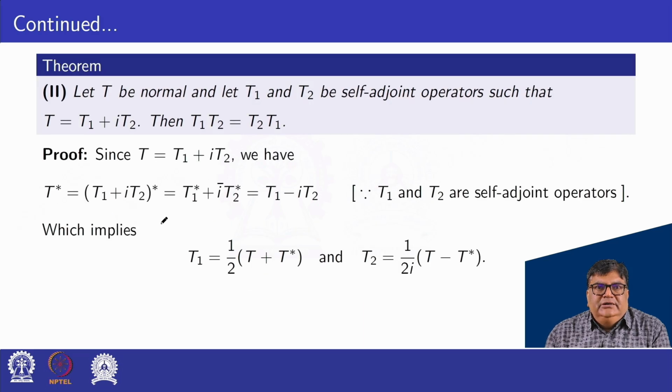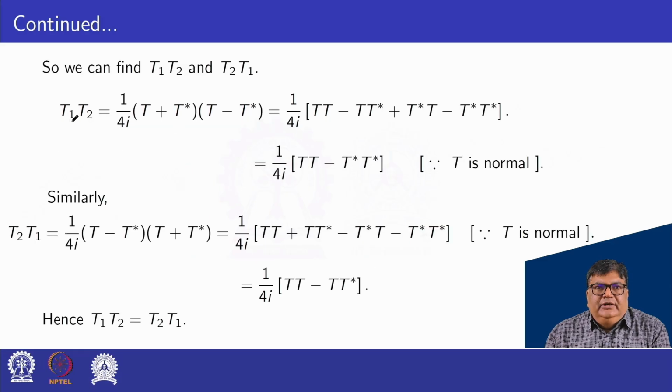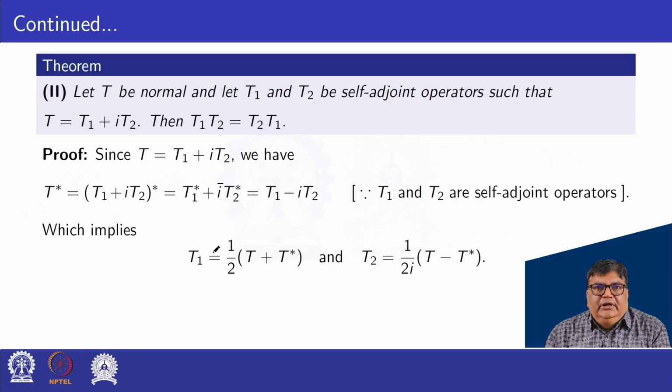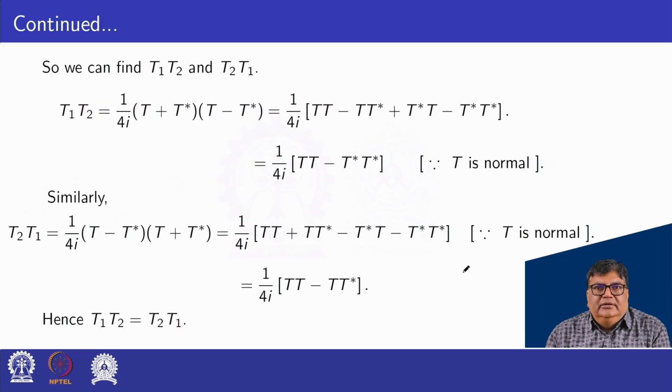So T1 is this, T2 is this, then T1 T2 is equal to 1 upon 2 into 1 upon 2i, that is 1 upon 4i into T plus T star into T minus T star.